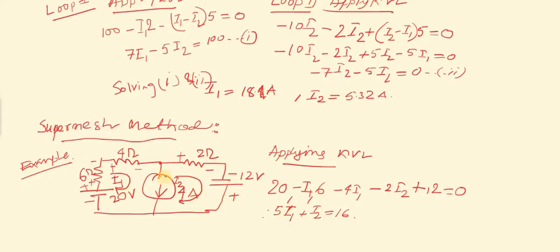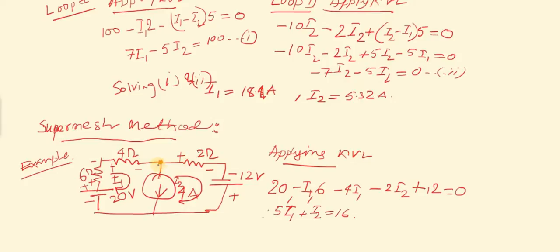Now you see, apply KCL at this node. We said that for super mesh as well as super node, we need to apply both KCL and KVL, and we have already written the KVL law here.